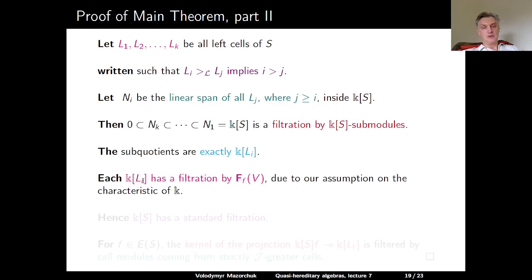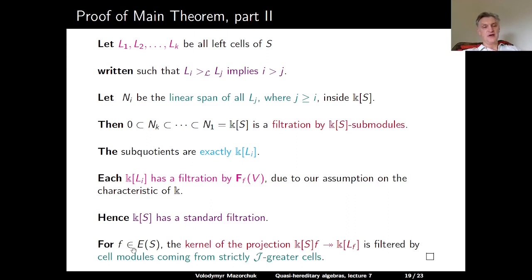Each cell module is a direct sum of modules of the form F_f of V, because of our assumption on the characteristic of K. And so this means that the regular module KS has a standard filtration.